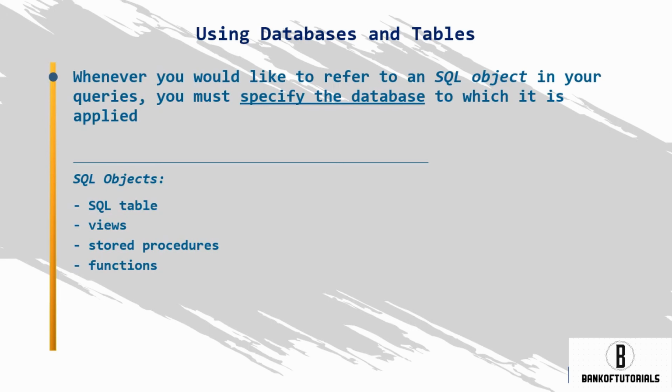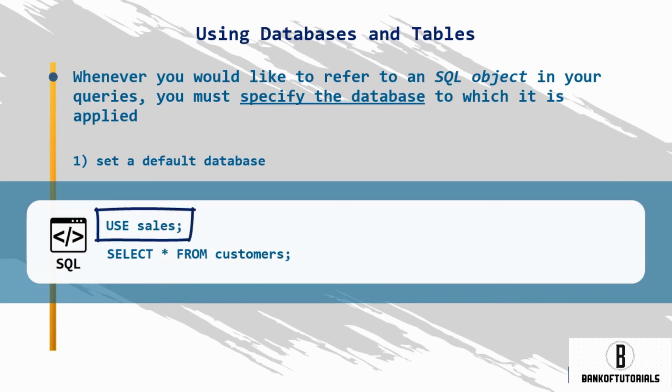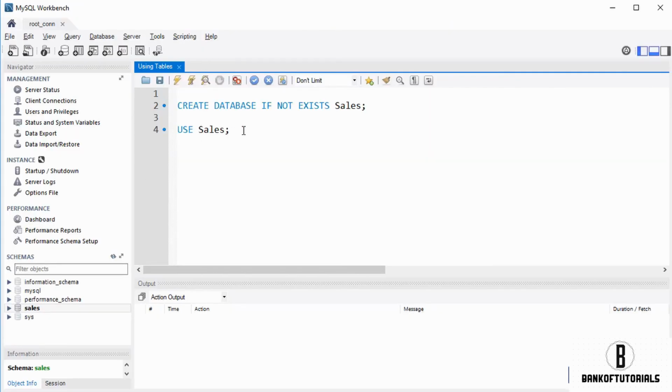Okay, there are two ways to communicate this to SQL. The first way is to set a default database, just as we did with the sales database. Doing so means you will be working with SQL objects that belong to this database. For instance, the customers table or another SQL object can be referred to simply by mentioning their name in the query.